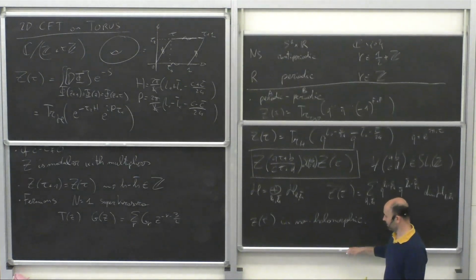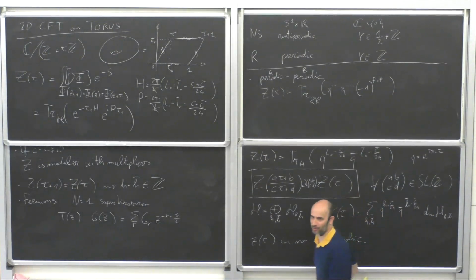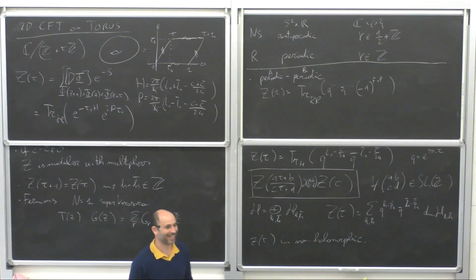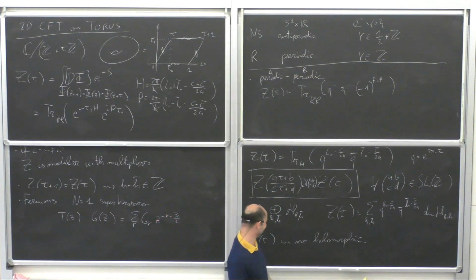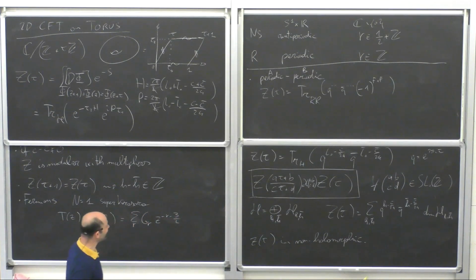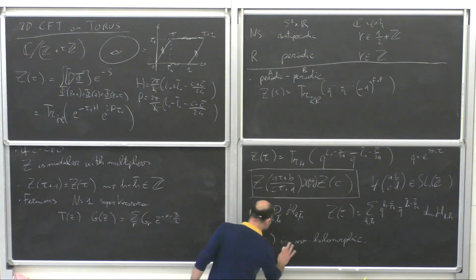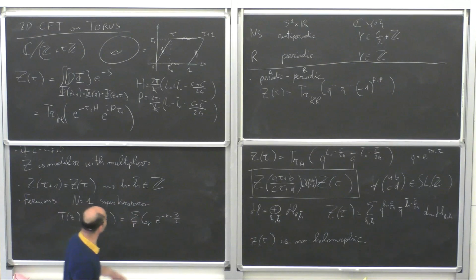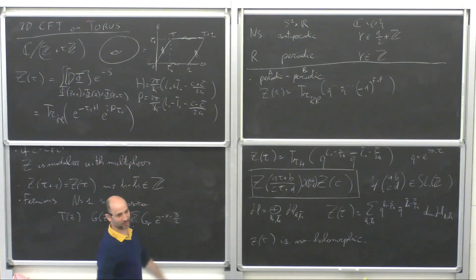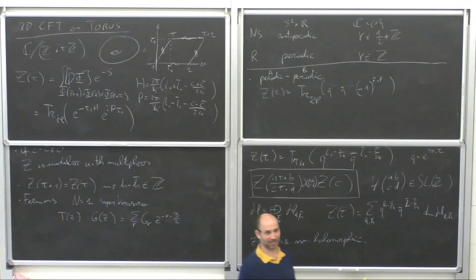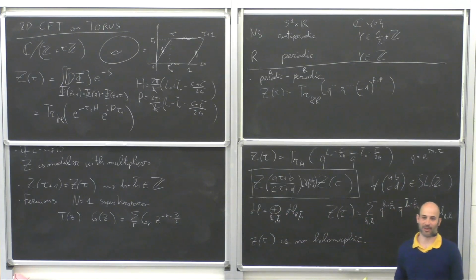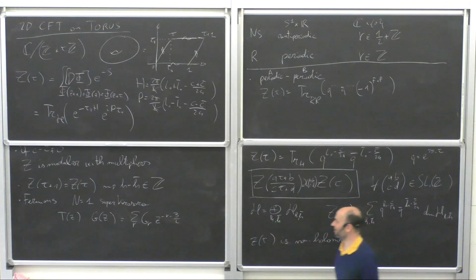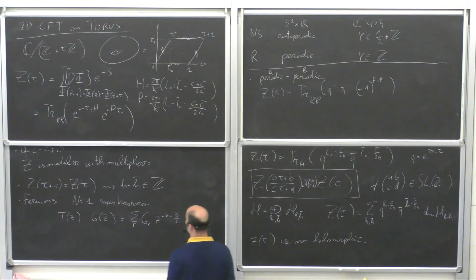No one likes non-holomorphic modular forms, right? So what can you do about it? One thing you can do is to use the fact that I haven't used yet, that you are actually focusing on the chiral and anti-chiral algebras of your theory.